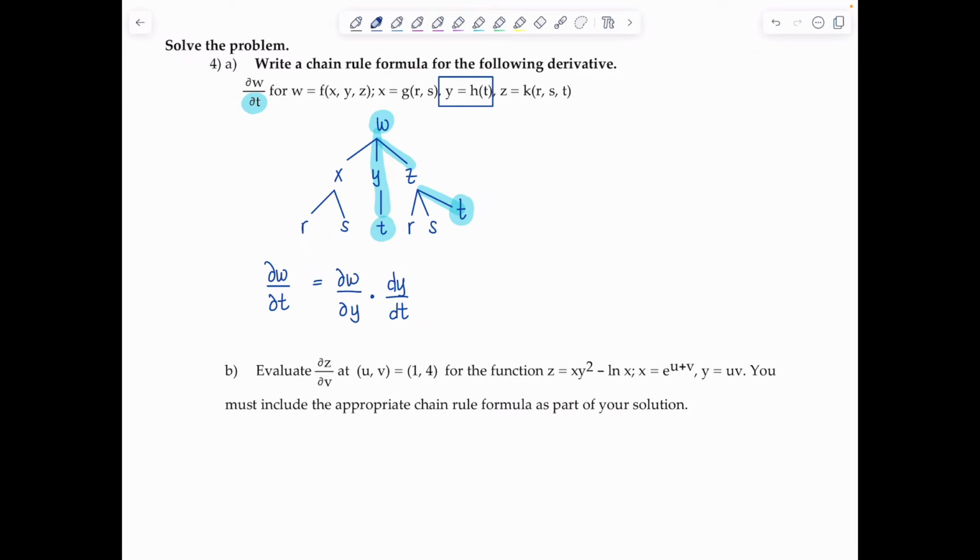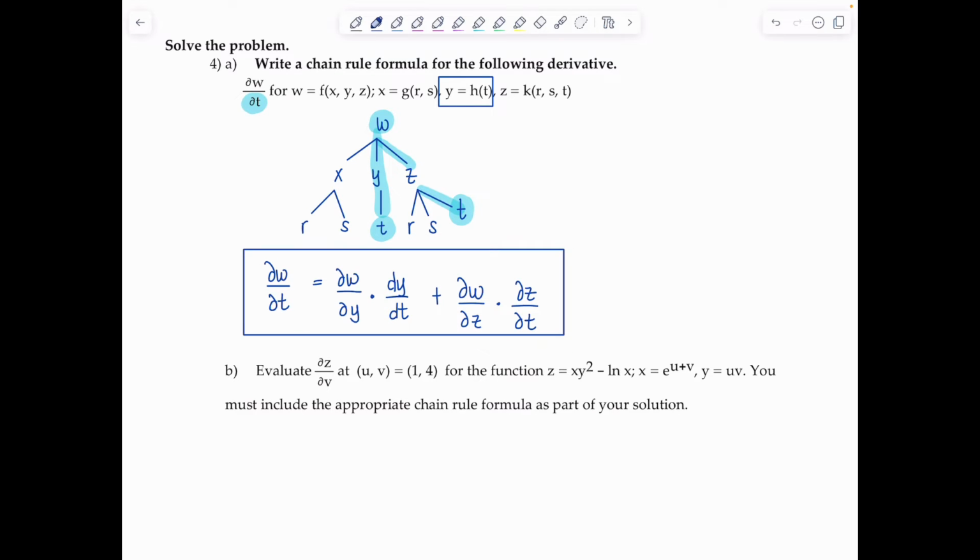So a lot of people miss that. Plus, now when you go to the next branch, you add del w, del z, that's a partial, times del z, del t, because z is a function of more than 1 variable. Good? Great. Love it. Okay, next one.